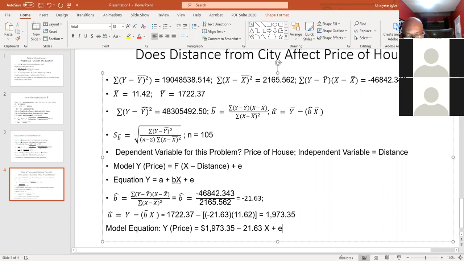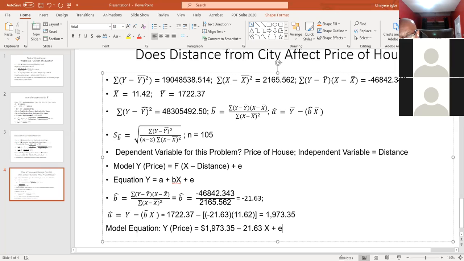I removed some zeros to make the calculation easy. So it says that the price of a house begins from 1973.35, and for each additional mile from the city, the price of the house will fall by 21.63.